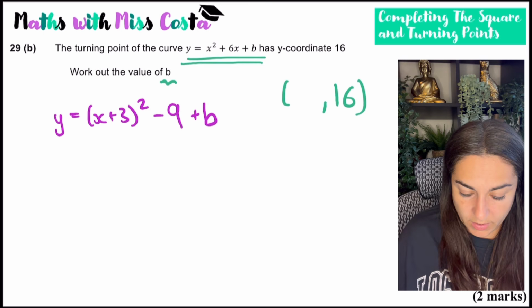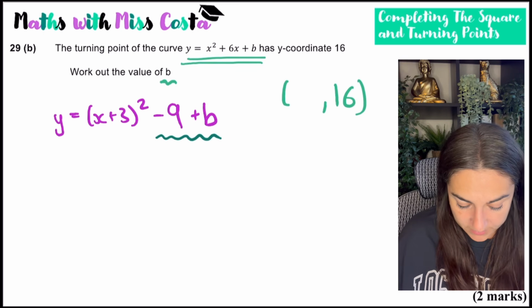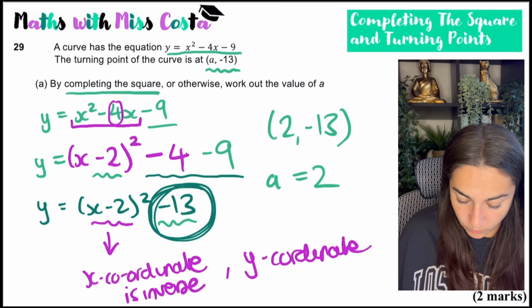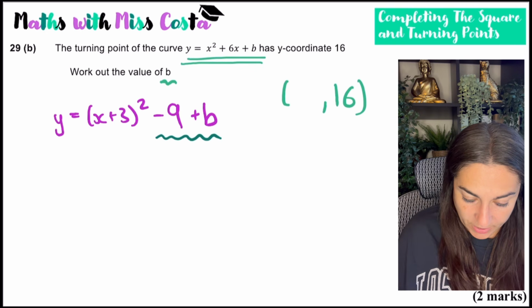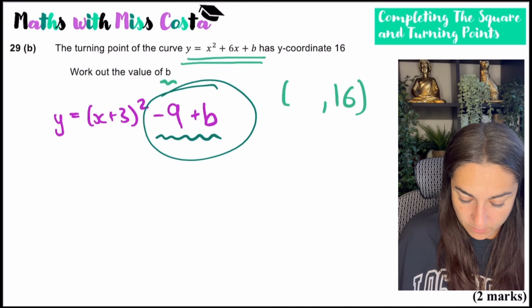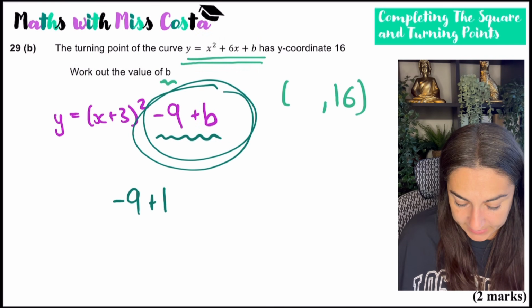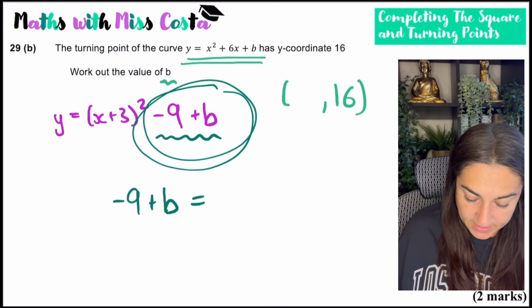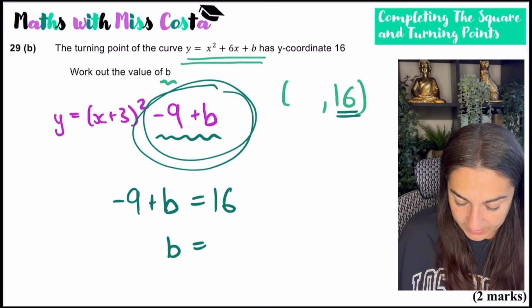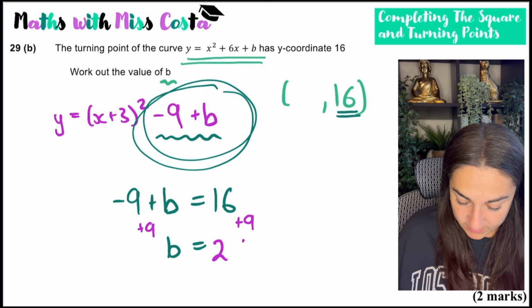Remember, just like before, this constant bit is what my y coordinate ends up being. So minus 9 plus b must be 16. Therefore, b is going to be, if we add 9 to both sides, 25.